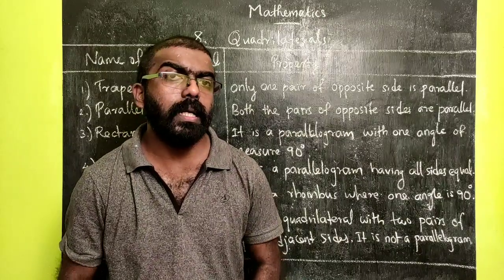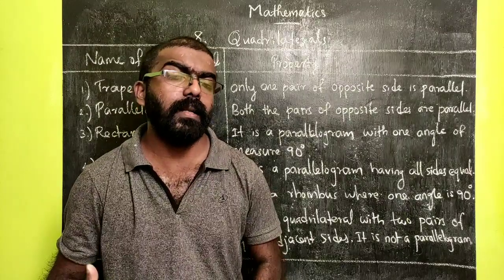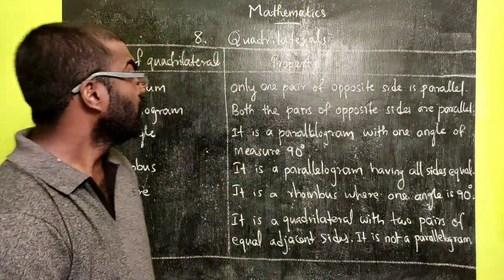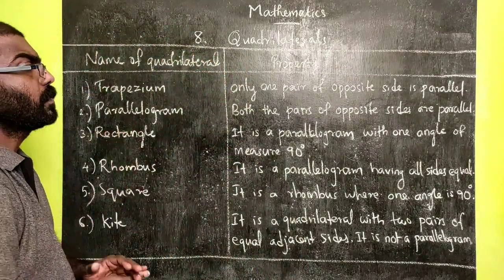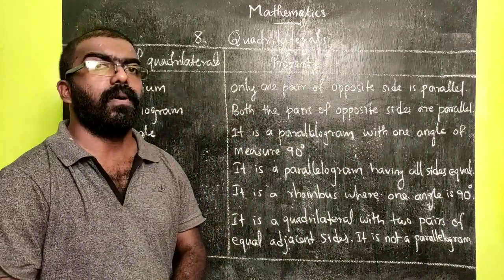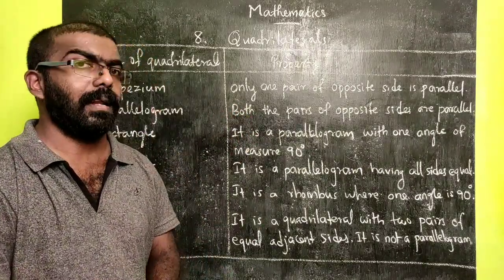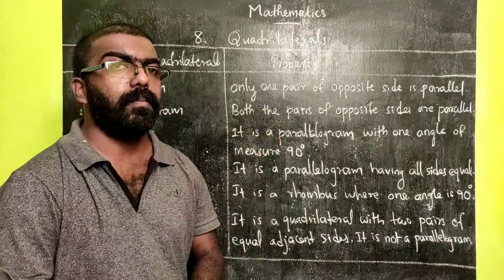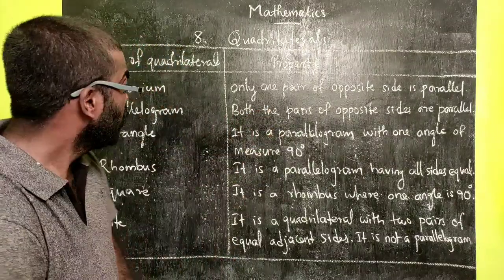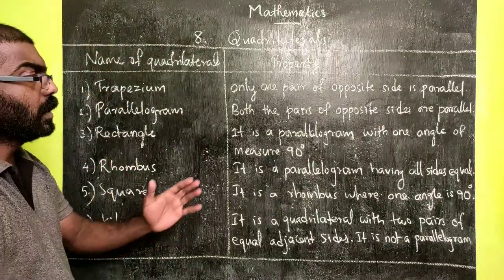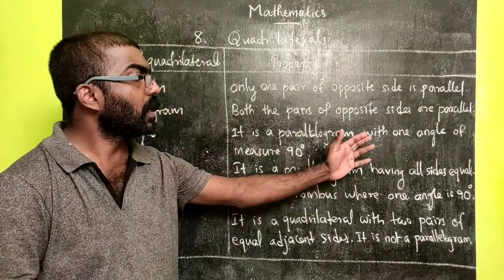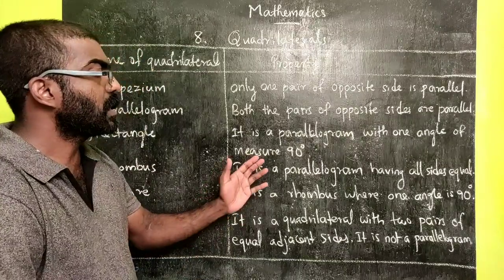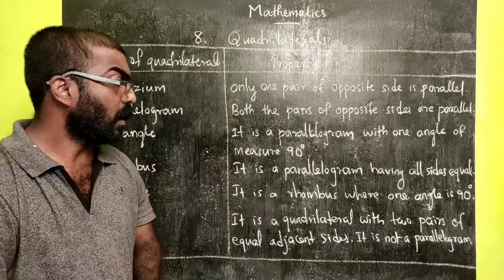Here we can conclude the different types of quadrilaterals and the properties they have. First one is trapezium. Only one pair of opposite sides is parallel. Then parallelogram. Both the pairs of opposite sides are parallel. A rectangle. It is a parallelogram with one angle of measure 90 degrees.